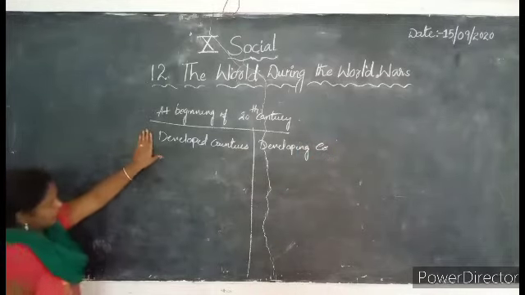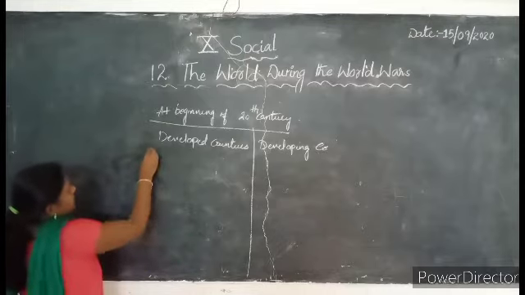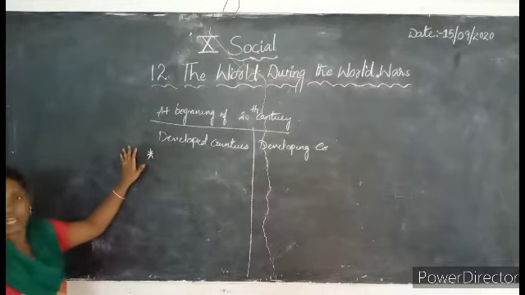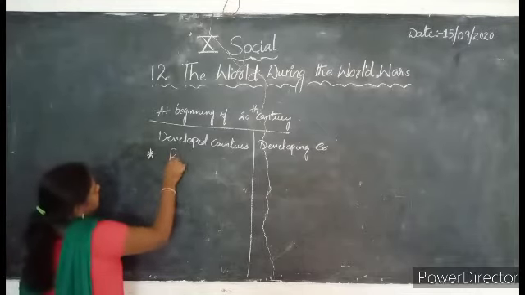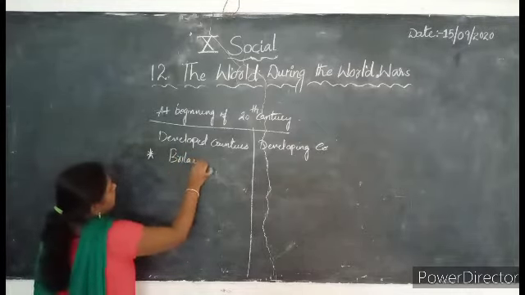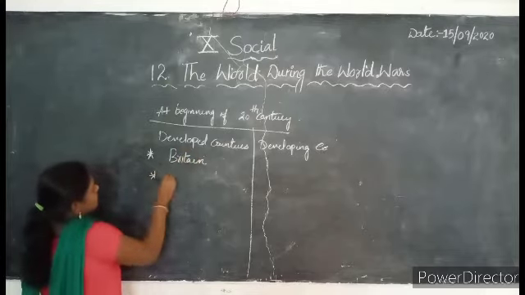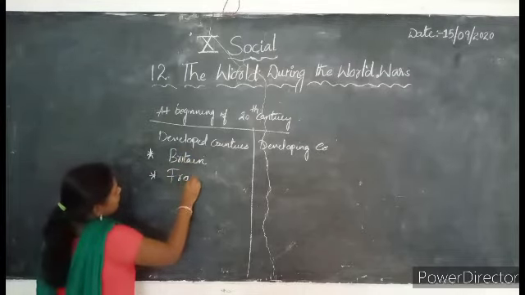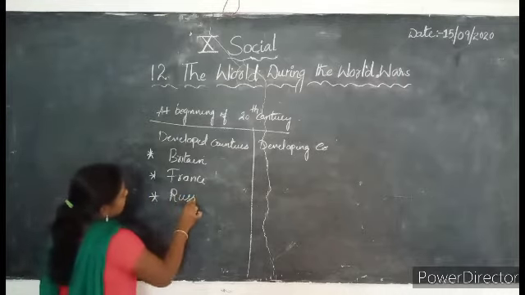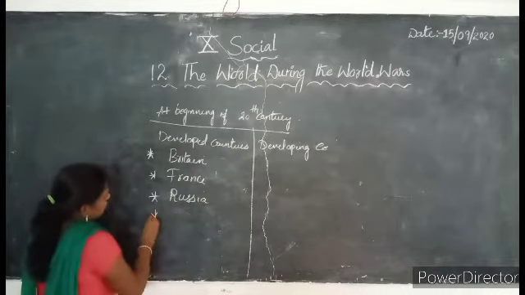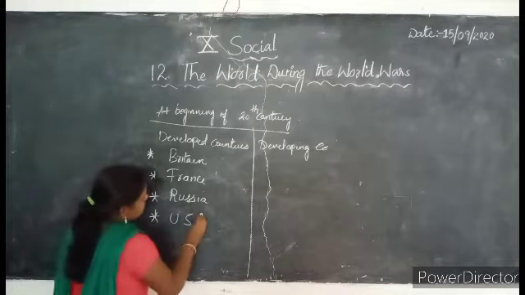Developed countries are those that have already developed in their areas, for example Great Britain, France, Russia, and the USA.